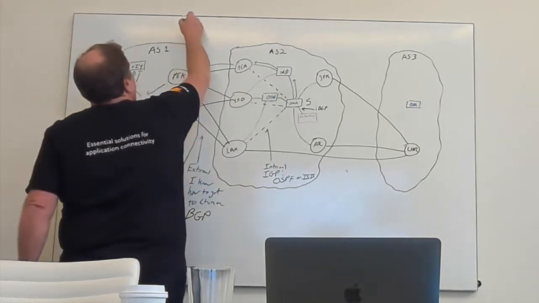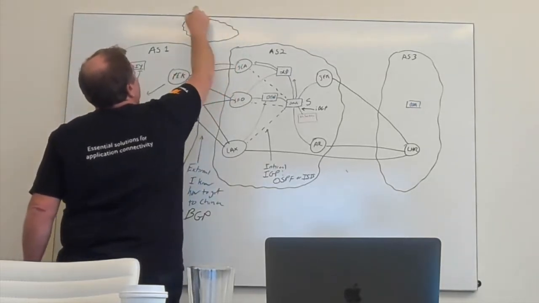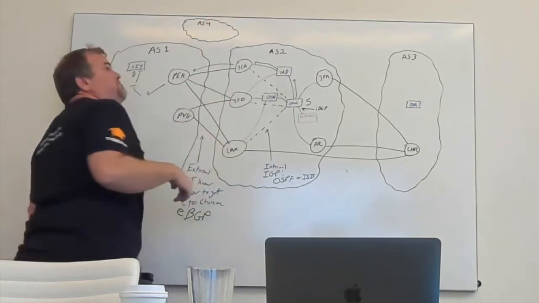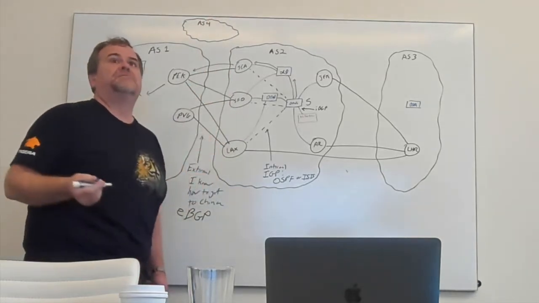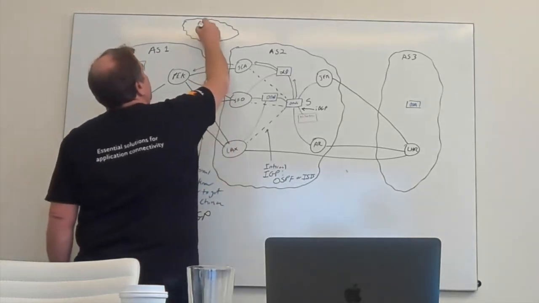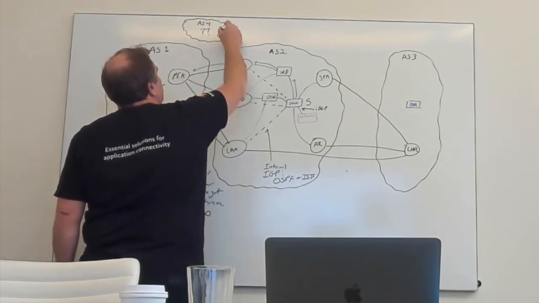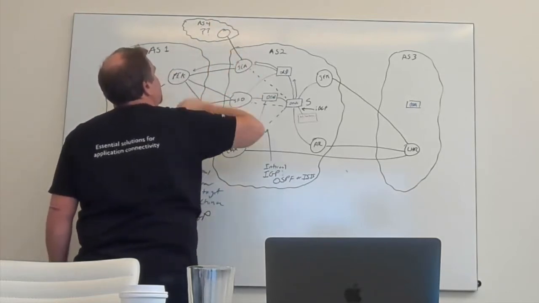Let's say I have another AS over here, and that is some other country. Not going to pick on anyone in particular. And it's got a router that's connected to Seattle.